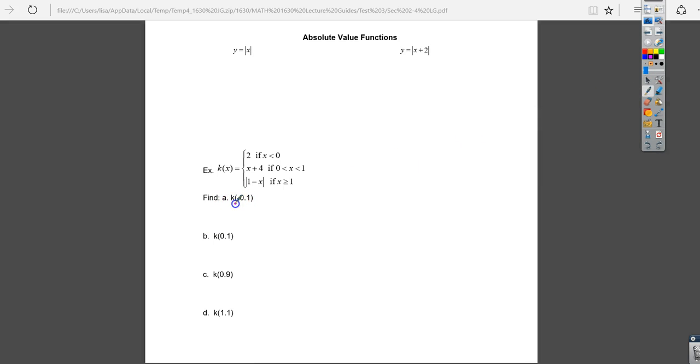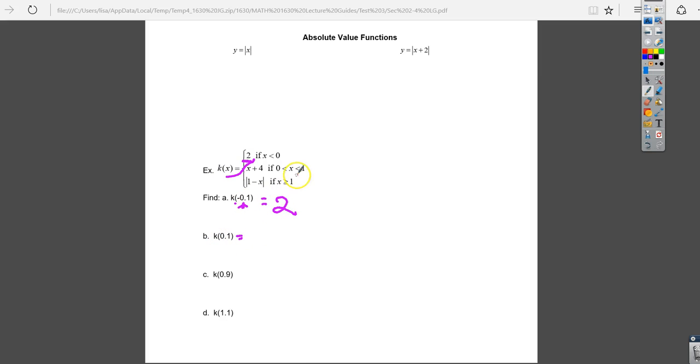So here it says k of x equals 2 if x is less than 0. K of x equals x plus 4 if our x value is between 0 and 1. And k of x equals this if our x value is greater than or equal to 1. So we look at our x value. It is less than 0, so I have to use this function, and it just tells me that it's going to equal 2. And I'm done.